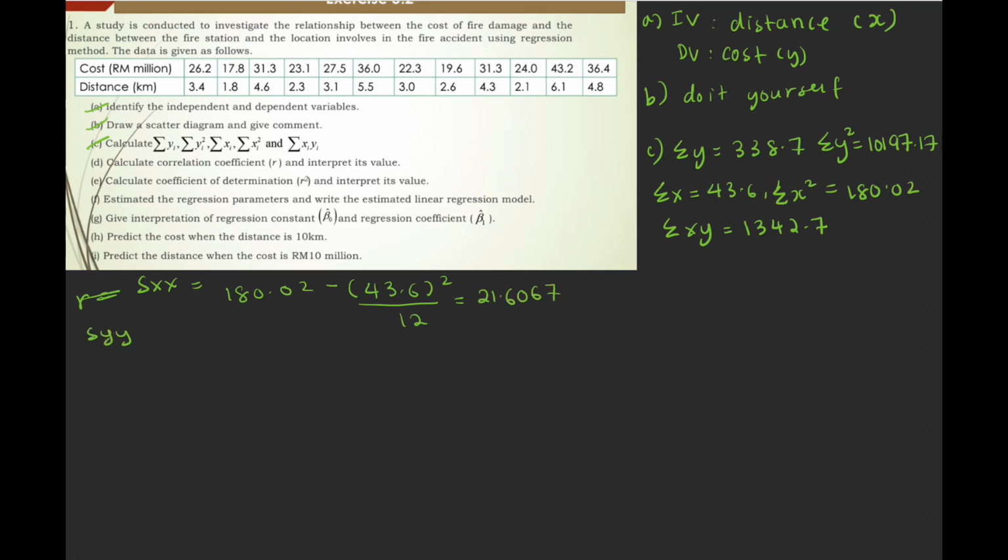So Syy is equal to y square minus y, 37.3625.